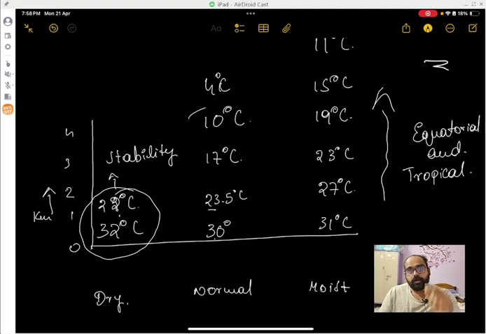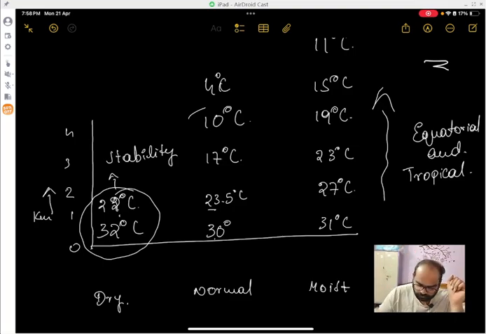Okay, and more cloud formation is present in the equatorial region, because there is more ocean, and because of the vertical sun rays it gets heated very much, and the water vapor gets evaporated into the atmosphere. It rises upwards and condenses into clouds.